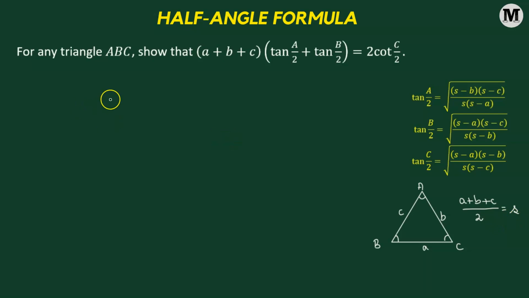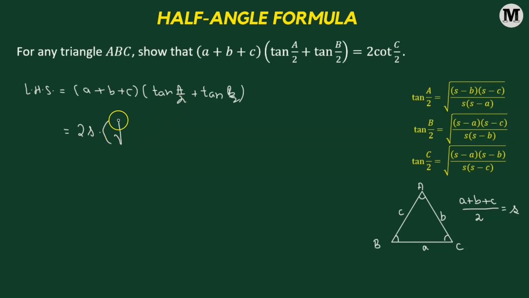So here we will start our proof from the left side. Here it's given we have the product of a plus b plus c and tangent of A over 2 added to tangent of B over 2. Now in place of a plus b plus c, we can replace this with 2 times the semi-perimeter of the triangle, so that's 2s. And then in place of tangent of A over 2, we're going to use the formula.